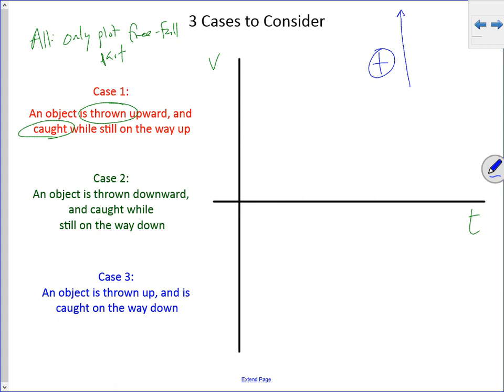We're going to call up the positive direction. Okay? You come back with these graphs sketched. I don't need numbers. But there should be something very common about all three. Okay? Okay, see ya when I see ya.